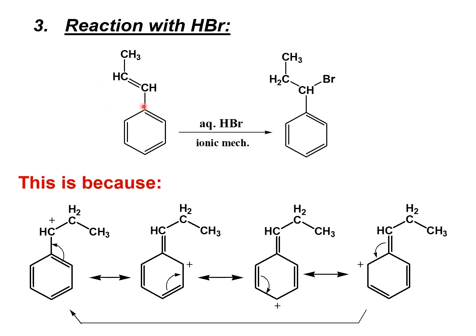When you add a hydrogen halide, remember to put the halogen on the alpha carbon to the benzene. It does not go to any other carbon. It will only go to the alpha carbon to the benzene. And this is the reason, because once you place a positive charge on the alpha carbon, the resonance will stabilize the positive charge by taking the positive within the ring and stabilizing it.